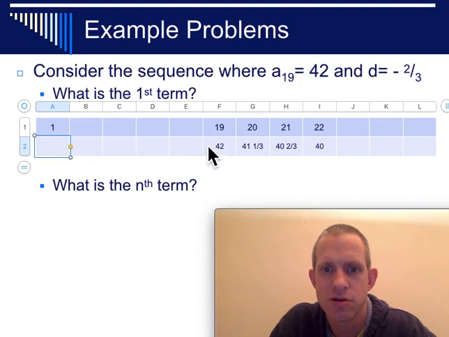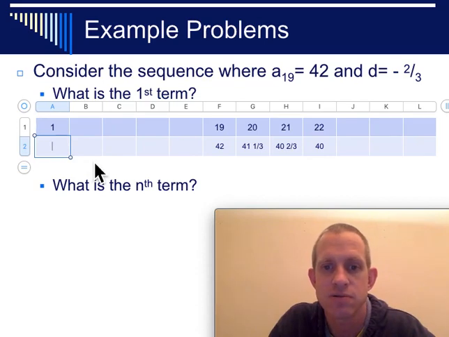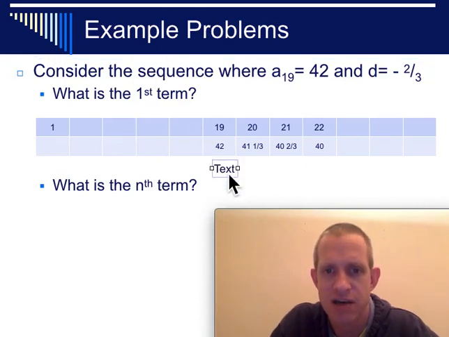And you could add a bunch of 2/3 to go backwards in this list until we get to 1. I'm going to try to be a little smarter than that. Instead of going through all those, let's see how many times I'd have to add. I'd have to go from 19 to 1, so that's 18 steps. And so 18 times 2/3 is what I'd have to add.